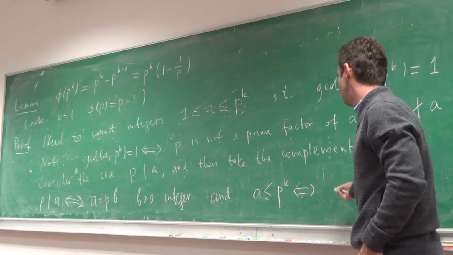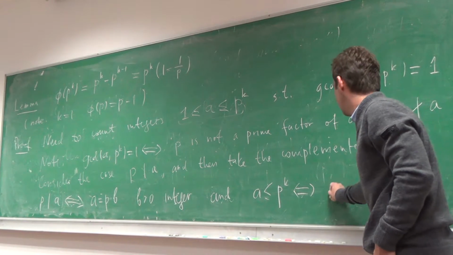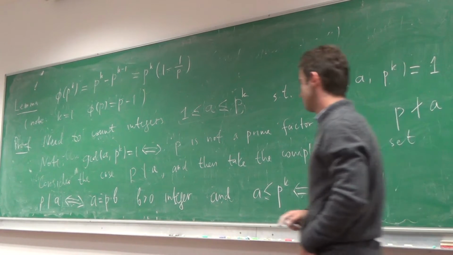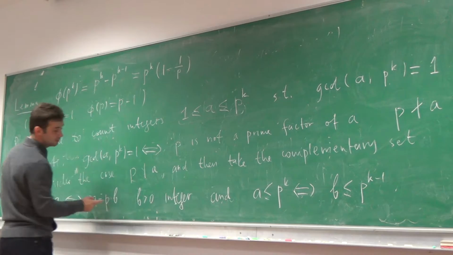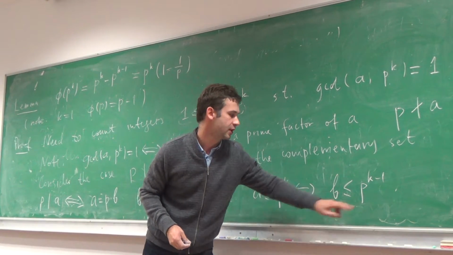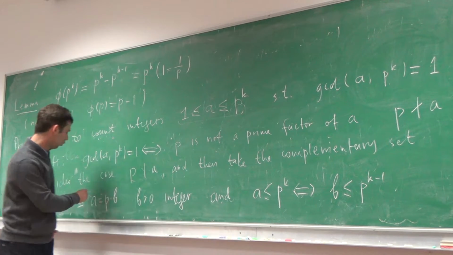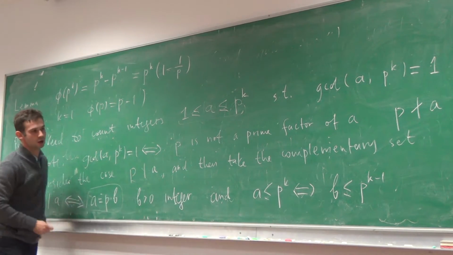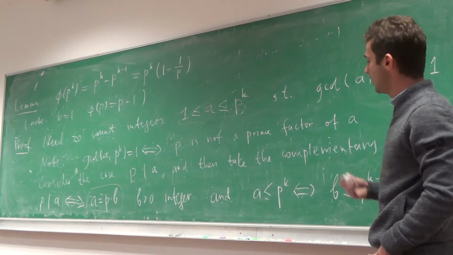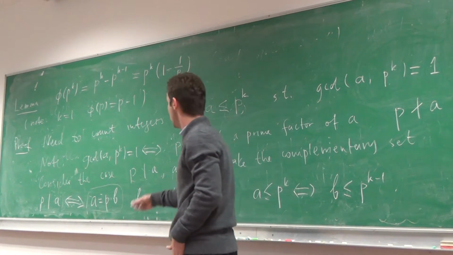So dividing through by P, our bound on B will be this. A is P times B, so I'm looking at all parameterizations like this, where B is bounded above by this, but also bounded below by 1.